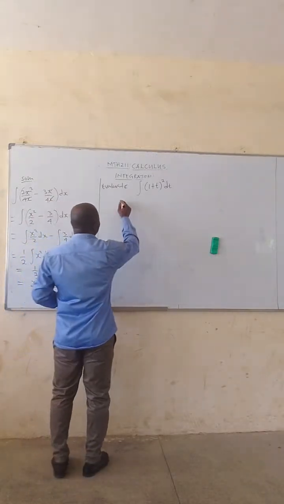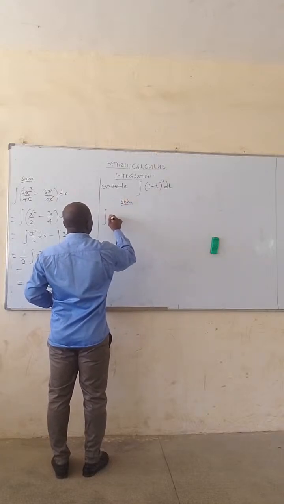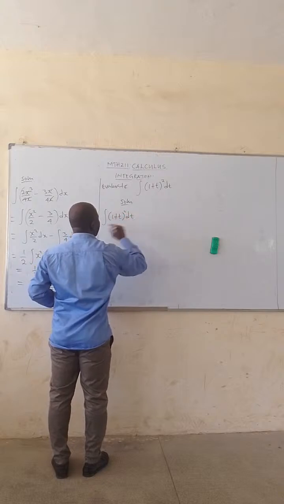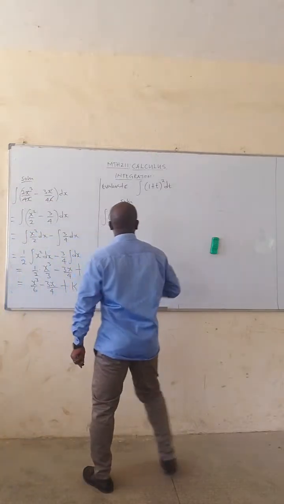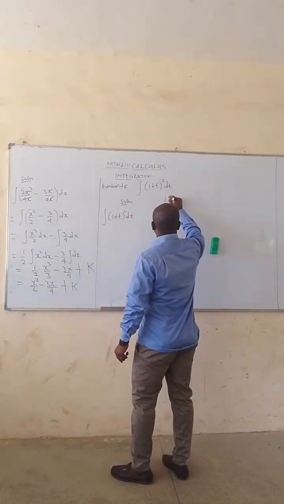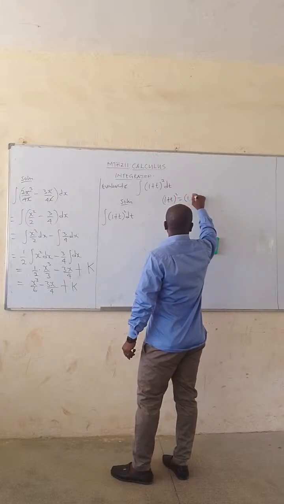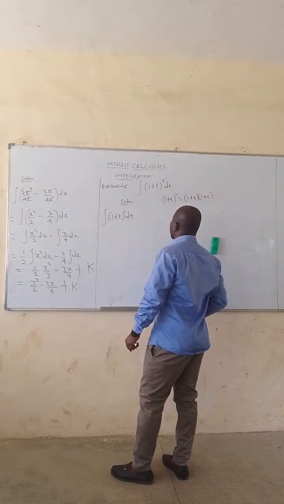What you need to do is expand this. (1 plus t) squared is the same as 1 plus t times 1 plus t.